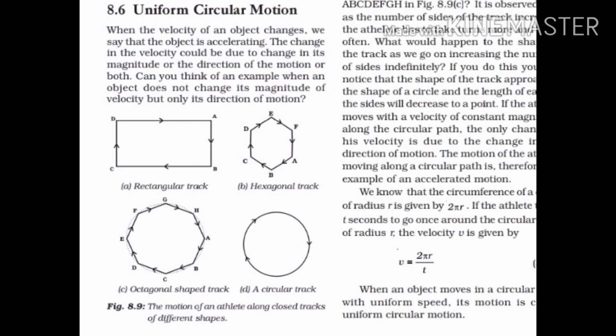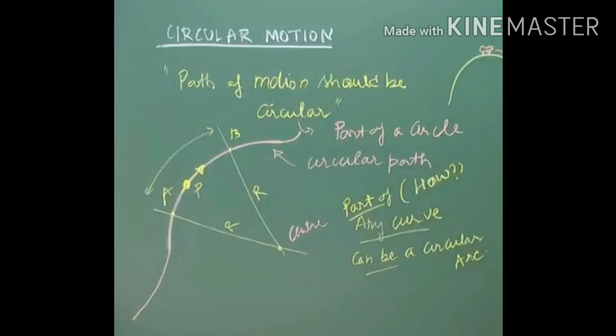Now we are going to understand what a circular motion is. For understanding circular motion, we have taken an example. You can see here, we have a curved path, and we have noted two points, A and B. From A and B, perpendicularly, we have taken lines, and they met at one point, and we called it the center.